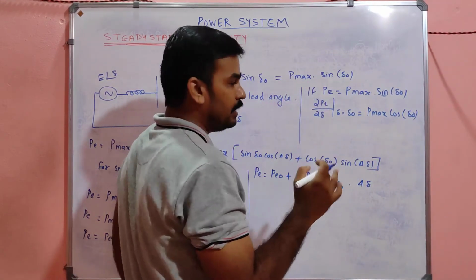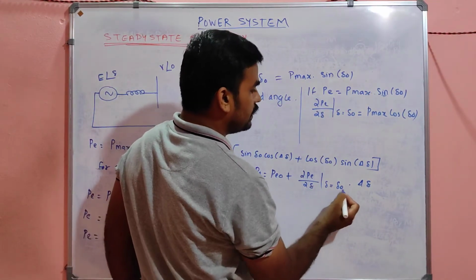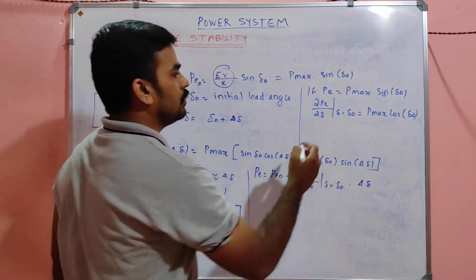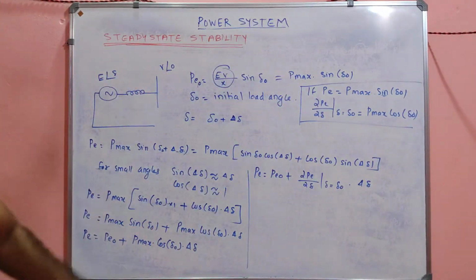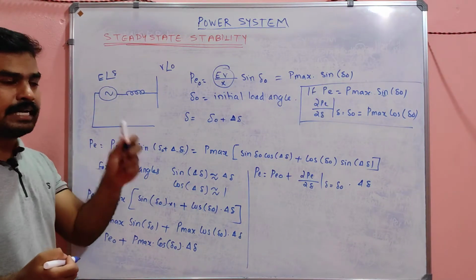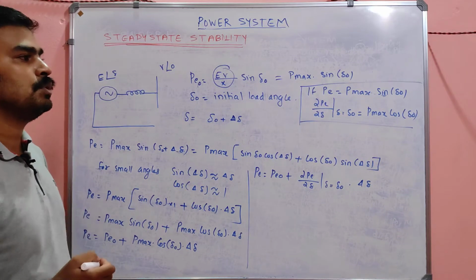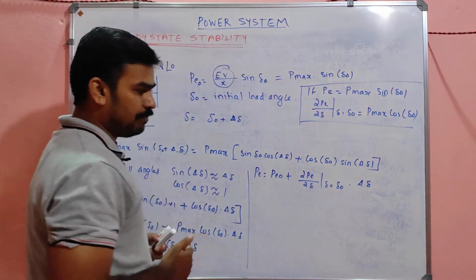Am I right? This identity can be applied here. Is it correct? So this will be the final equation.